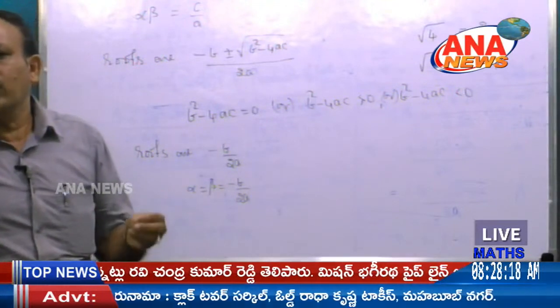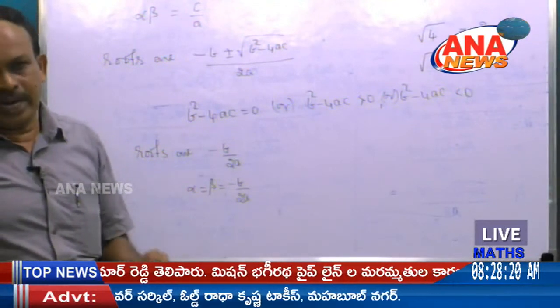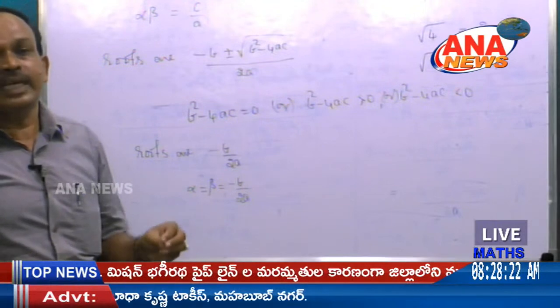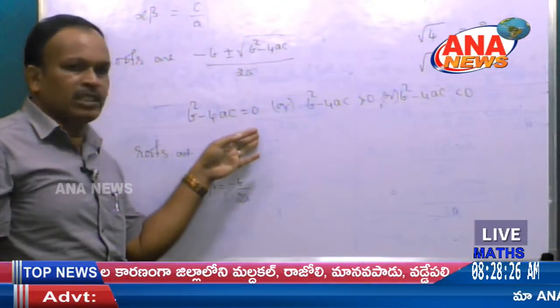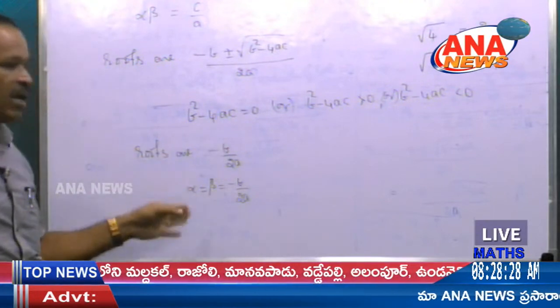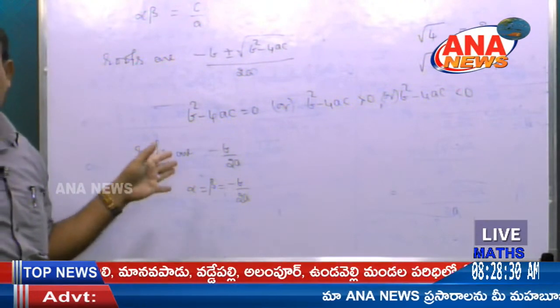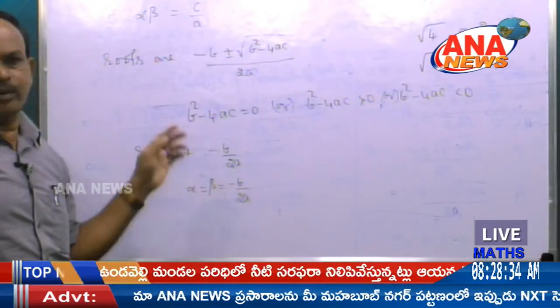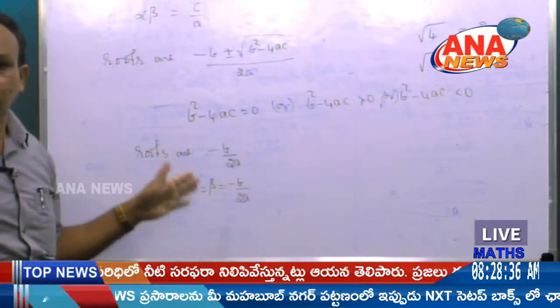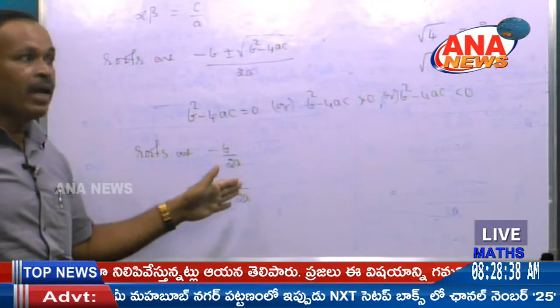So its name is discriminant, that means deciding factor. Of course, if b square minus 4ac is 0, the roots are equal. Both roots, alpha and beta, are equal to minus b by 2a.